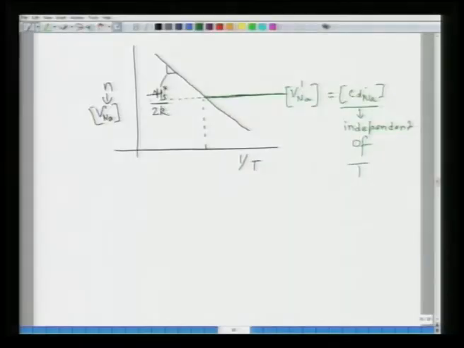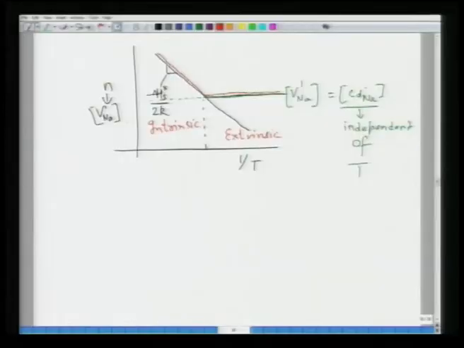So you have two regions here: the extrinsic vacancy creation region and the intrinsic vacancy creation region. In the extrinsic region, the concentration of vacancies is determined by the concentration of impurities. In the intrinsic region, the concentration of vacancies is determined by temperature.